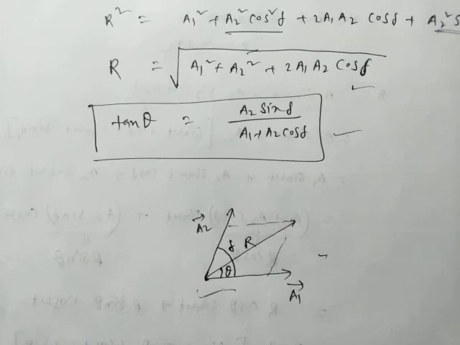So this is the vector method of combining two or more simple harmonic motions when they are in the same direction. But if they are in different directions, perpendicular to each other, then the scenario will be different. I will discuss that in the next class.